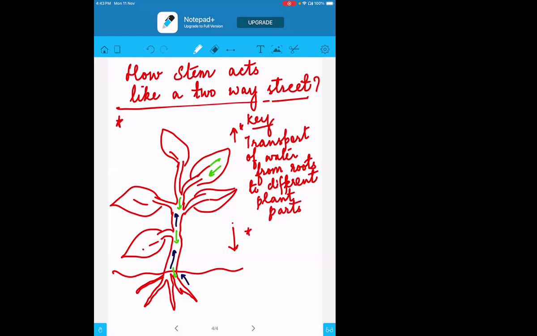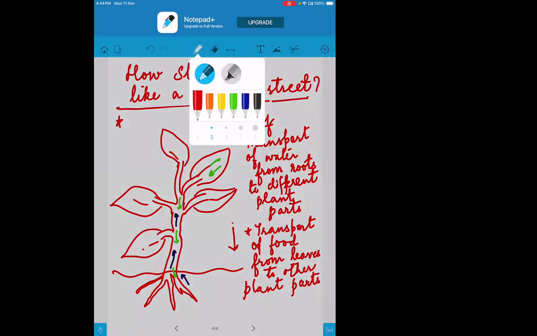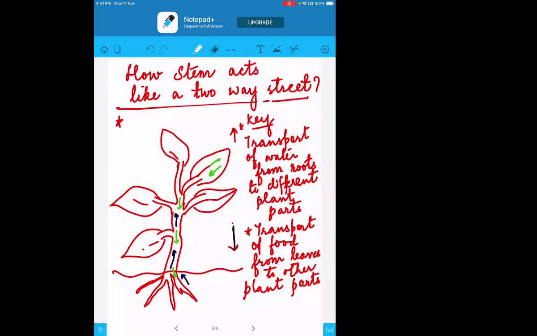Now coming to the second point. It will be transport of food from leaves to other plant parts. So this down arrow is basically for the food, and this top arrow is for the water and minerals.